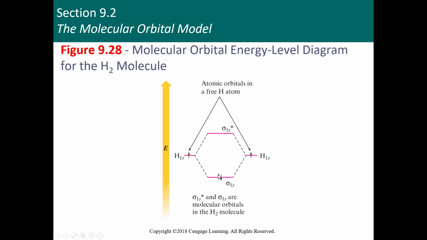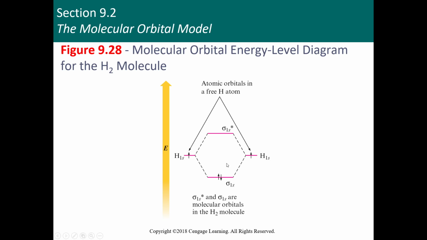And this will be called bond order, okay? That is going to be a number we can get from these diagrams that will tell us the number of bonds between two things, the bond order, if you will.